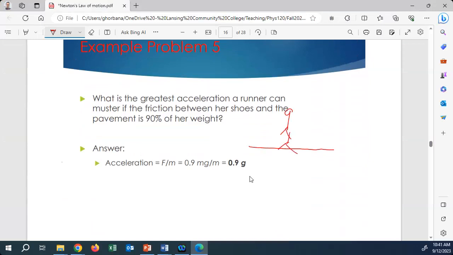And I'm supposed to calculate the acceleration of what? A runner, not the acceleration of the ground. We have two objects of interest here, a runner and the ground, but the question tells us we don't need to worry about the ground. So we just need to calculate the acceleration of the runner. So no Newton's third law, for now.